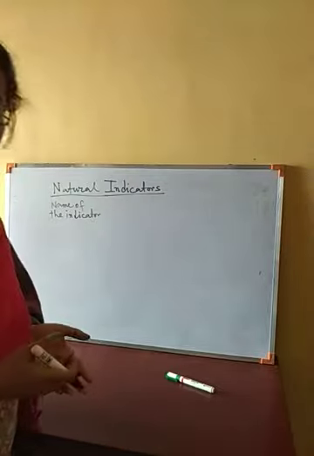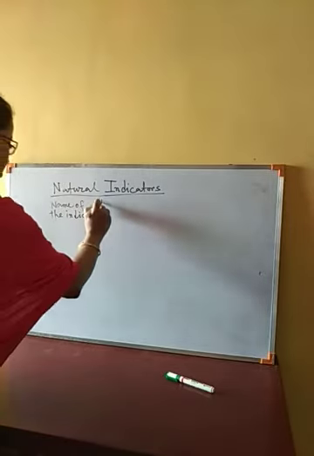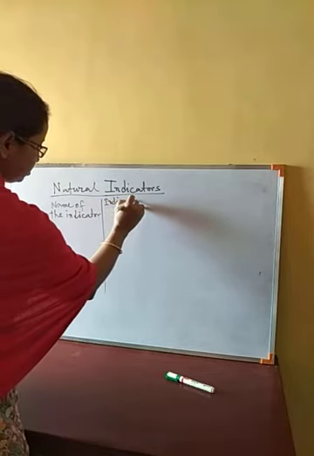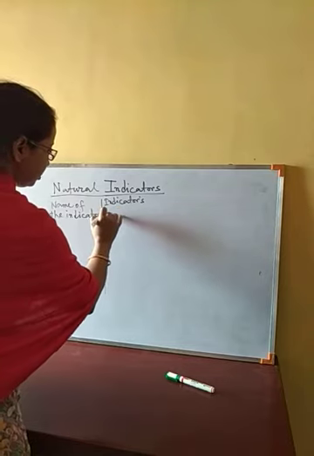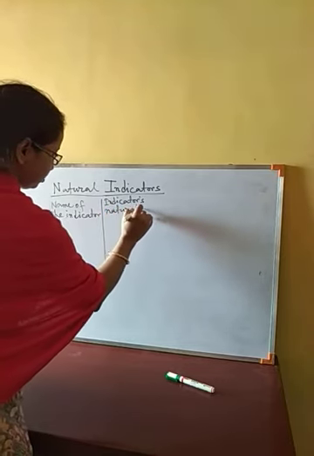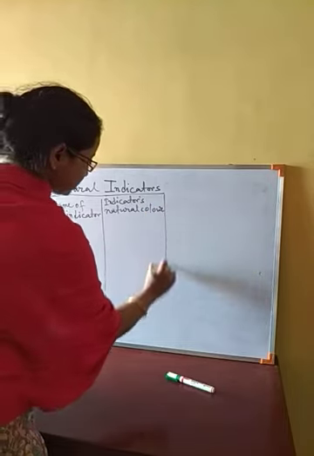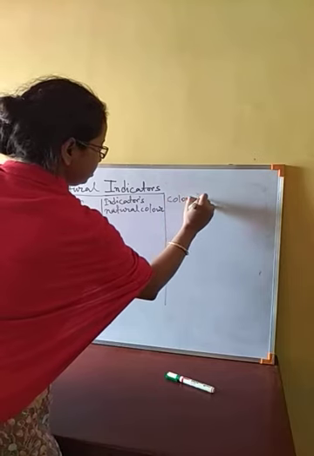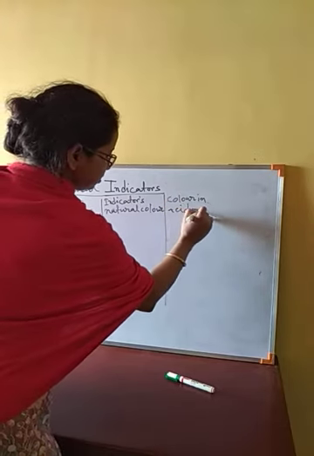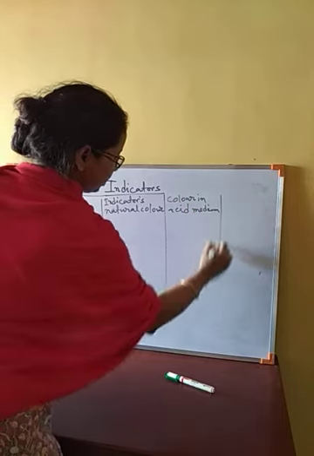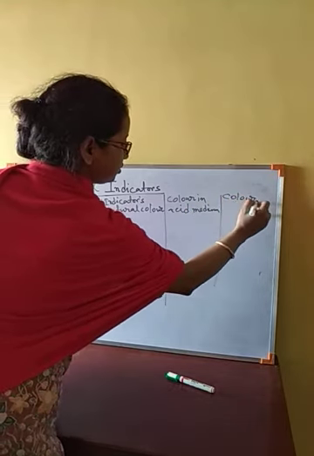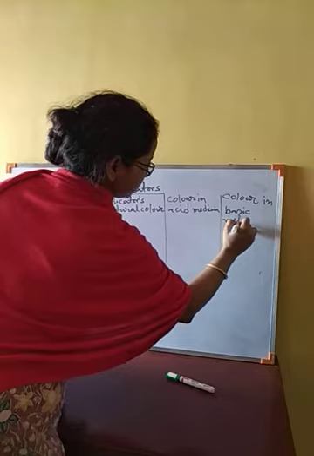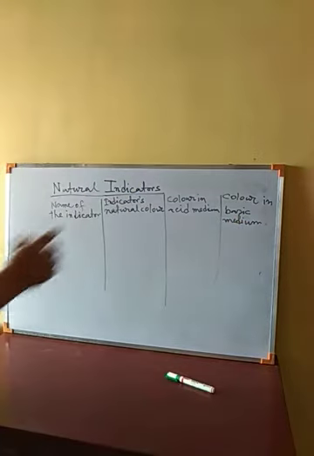So name of the indicator, next indicator's natural color, then color in acid medium, and then color in basic medium. Okay, these 4 columns we have to make.